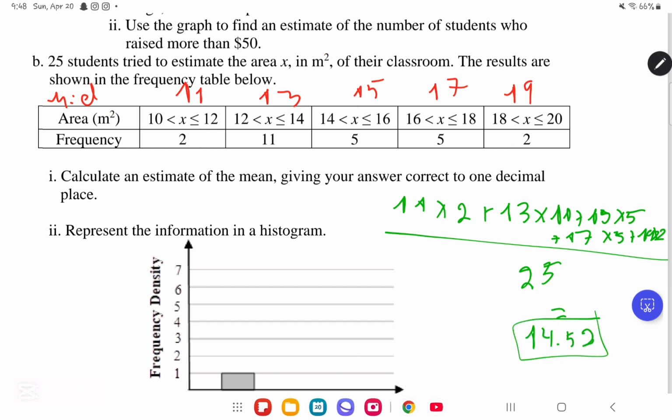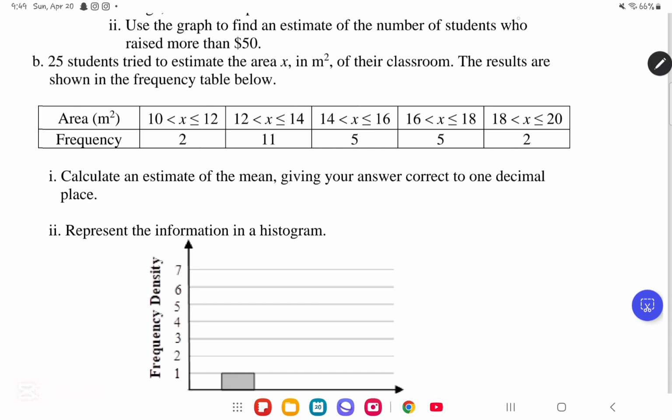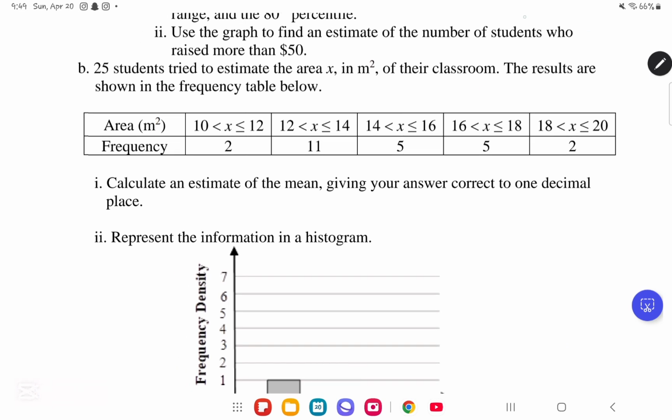So this is the mean. If they want us to represent the information on a histogram, we need, of course, the frequency density. To find the frequency density, you just need to do the frequency divided by the width.